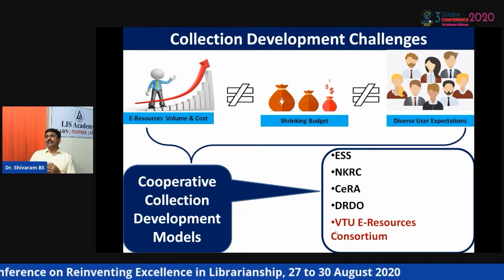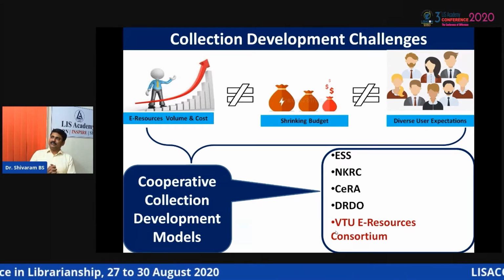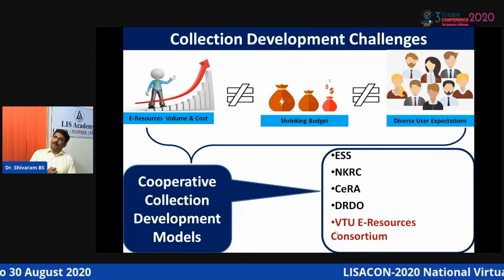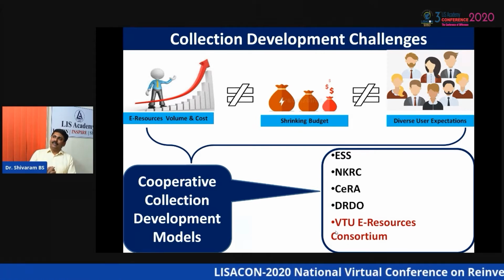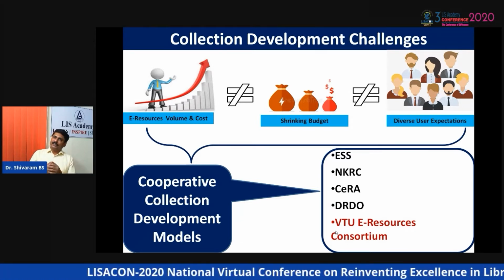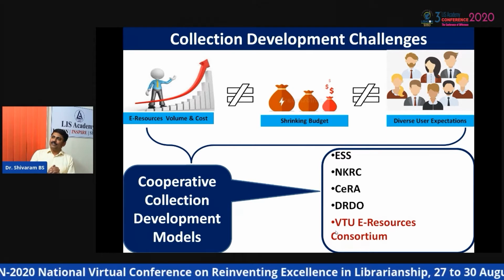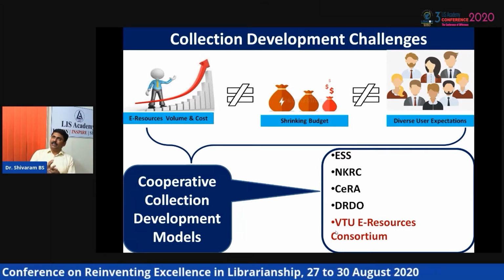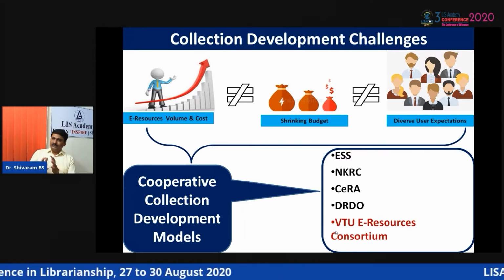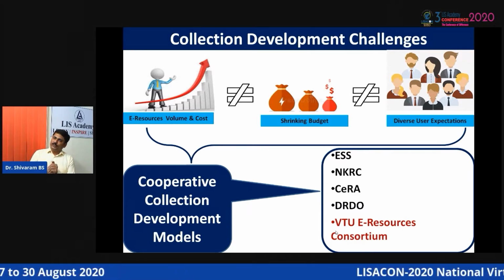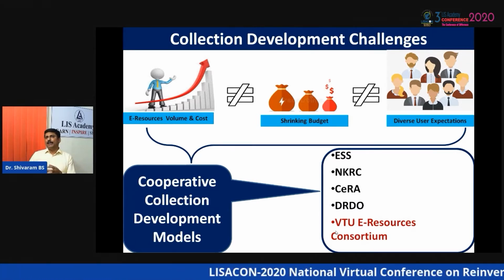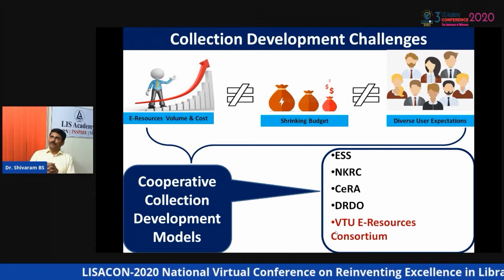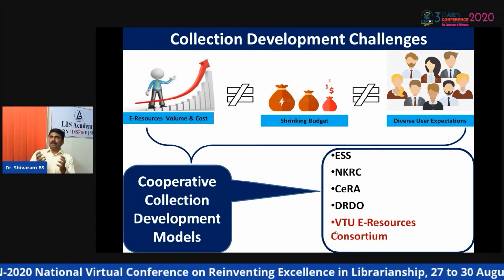Talking about the Indian models, we have ESS, e-ShodhSindhu from MHRD, the National Knowledge Resource Consortium of DST and CSIR laboratories, and CeRA from ICAR, DRDO. These are either centrally funded consortia or membership-based, where member libraries pay a consortium fee and subscribe to the consortium content.